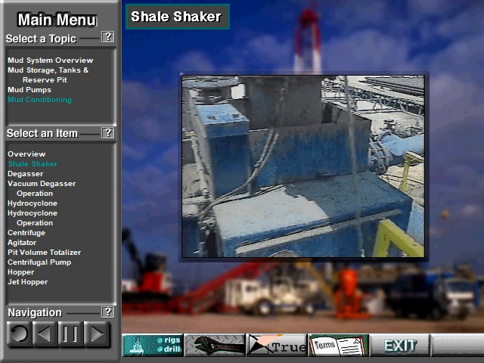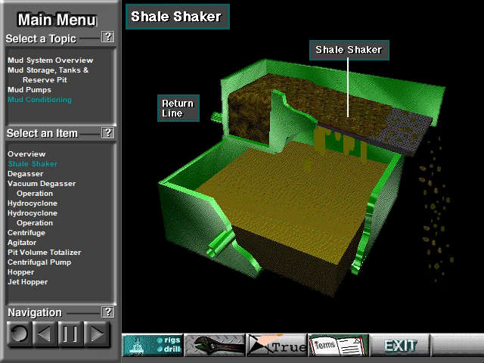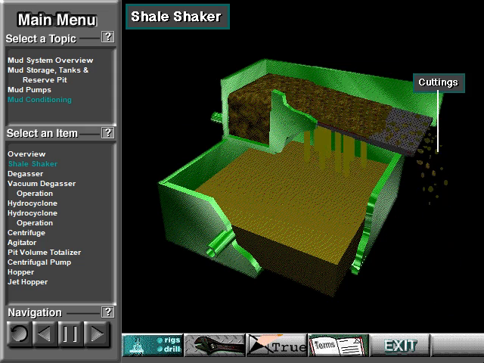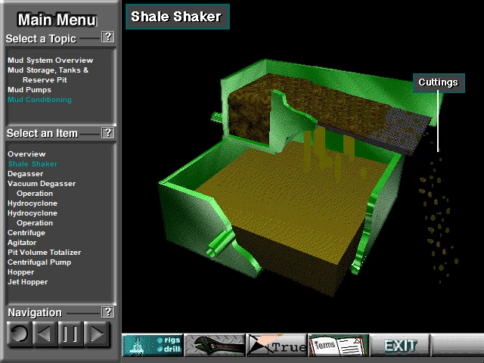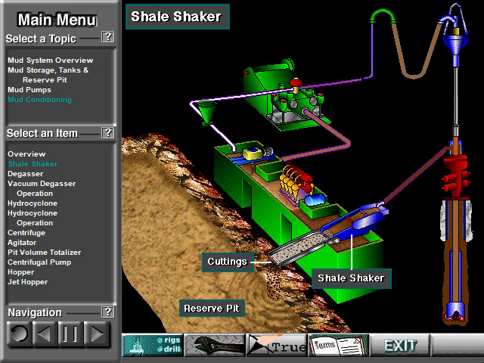The Shale Shaker has rapidly vibrating screens. The mud and cuttings from the return line fall onto it. The vibrating screens catch the larger cuttings. These cuttings fall into the reserve pit, the sea, or other container for disposal.